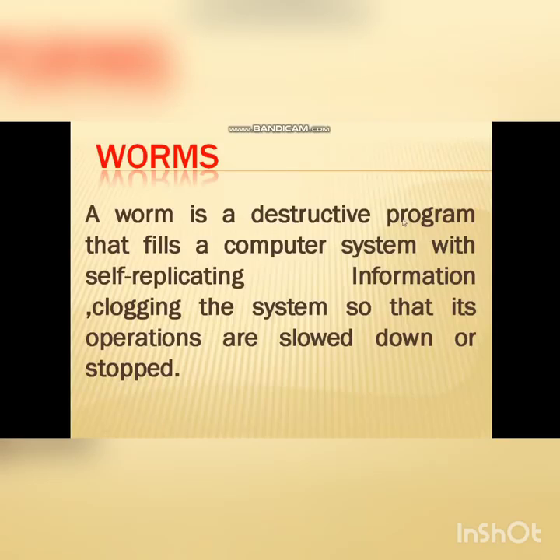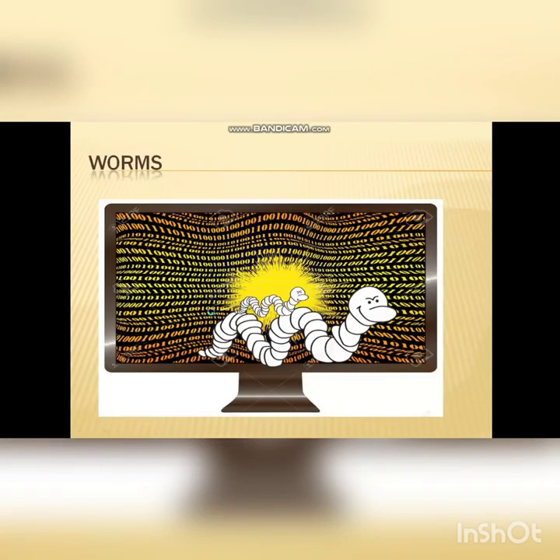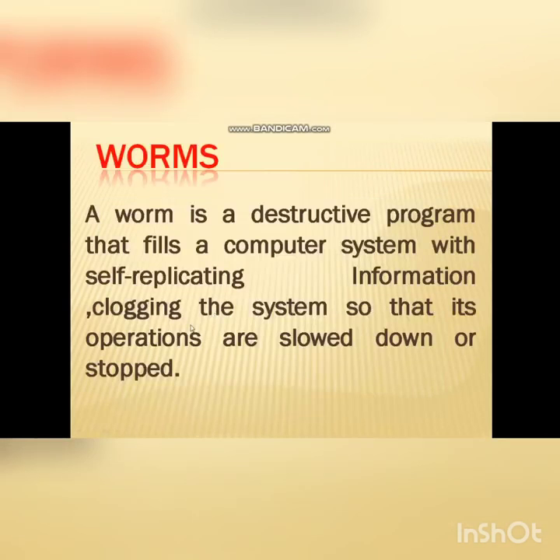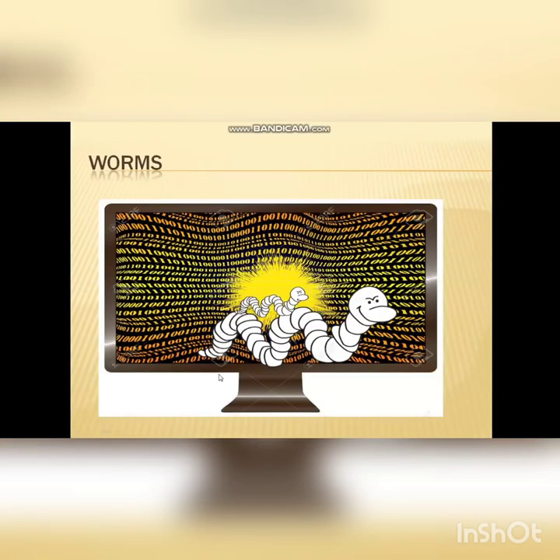A worm is a destructive program that fills a computer system with self-replicating information, clogging the system so that its operations are slowed down or stopped. As you can see in the image on your screen, it's the figure of a worm.